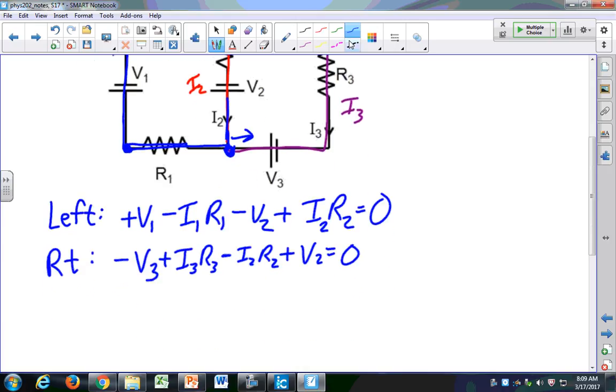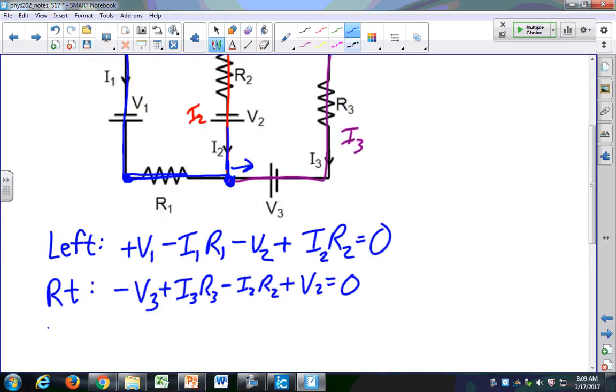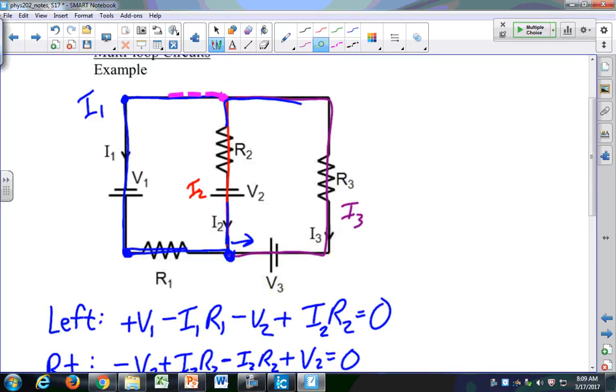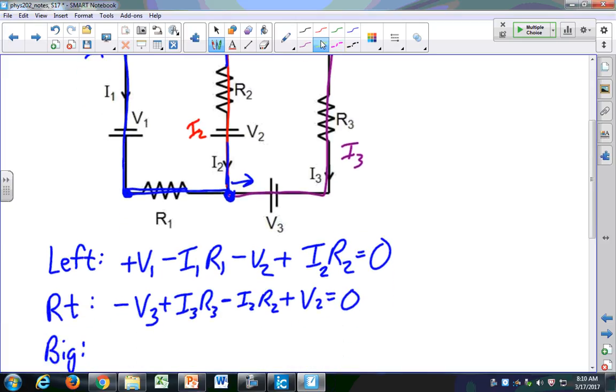Now I can write the big loop too. You don't really need to, I'll show you, but let's go ahead and write the big loop. The outer loop, we'll just start, say right here, and move in that direction. I'll get plus V1 minus I1 R1 minus V3, because I'm going from big to little, from high to low.